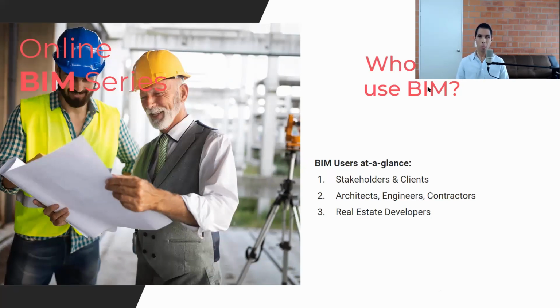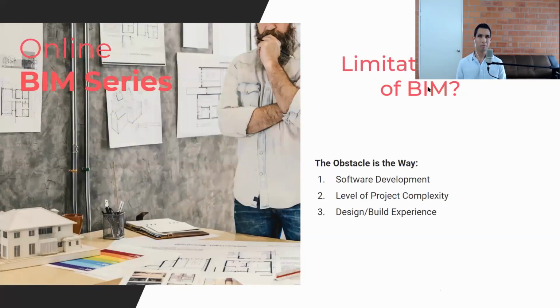So that leads to the next question, which is, what are the limitations of building information modeling? So I found that there are no limitations until you get to know your real problems or obstacles. And that means that when you are actually developing a project, you can tell that there is a limitation as long as you see your real problem.